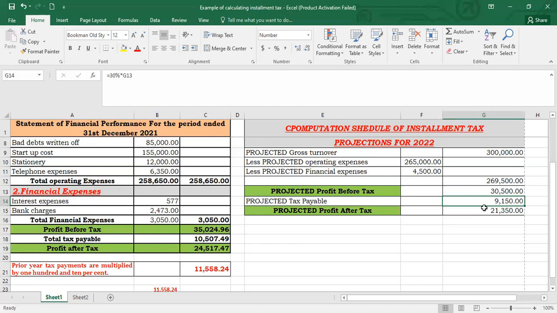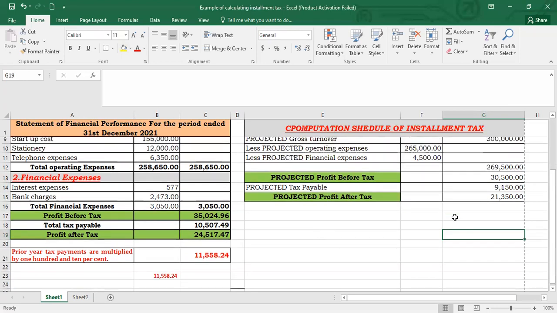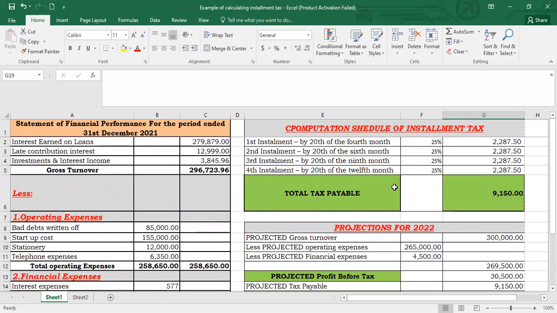We said the prior basis, you compare the previous year tax paid times 110% with the projection. For example, in our case, as we compare, which is the lower? It is the 9,150. Tuko pamoja hapo? Yeah.